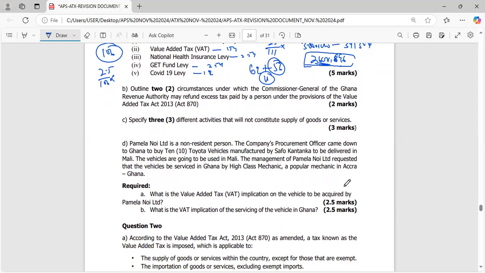So you perform services for your boss, your employer, due to your status as an employee. That cannot be deemed as a supply of goods. You are just performing your duties based on your employment. So that cannot constitute supply of goods and services. Supply of money cannot constitute supply of goods and services. So for these questions, use the notes and read on them.